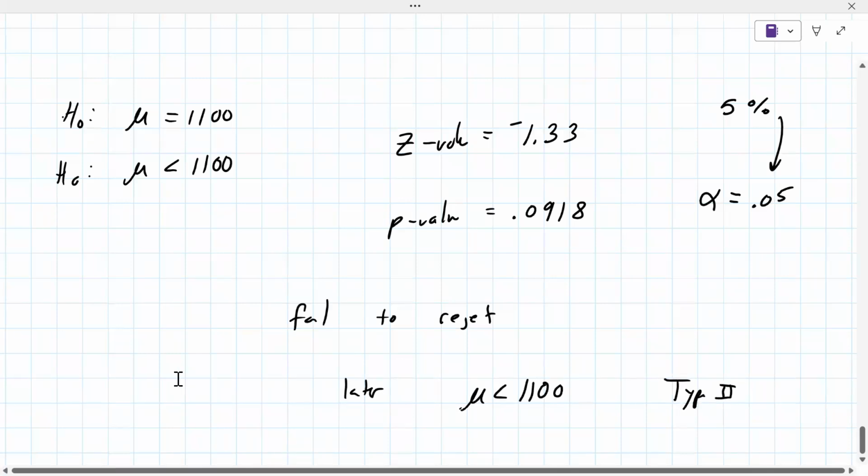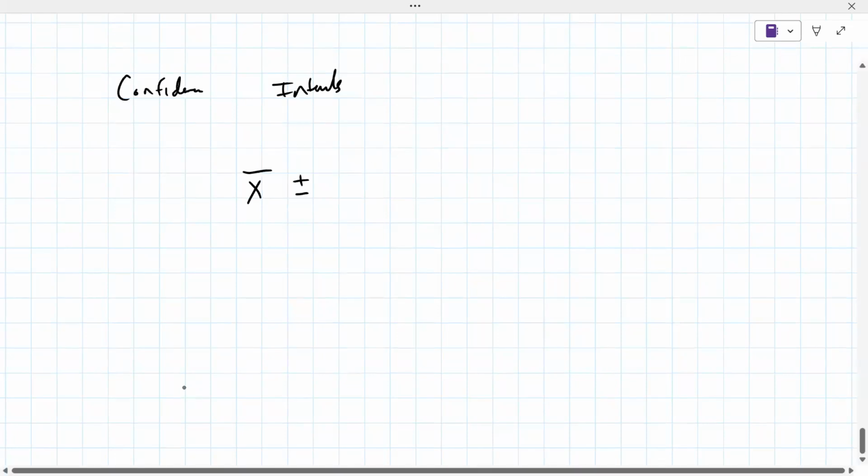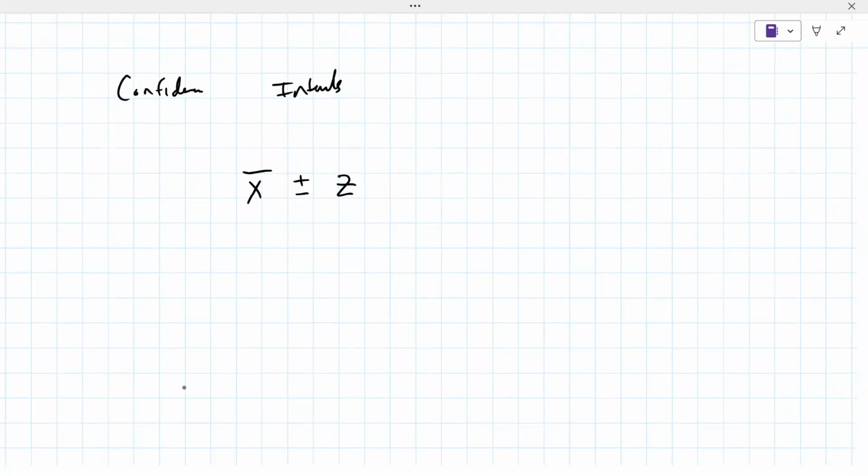Okay. Something we've not covered today are confidence intervals, but we did a bunch of those in previous lessons. The confidence interval is the mean plus or minus the z value for alpha over 2 times sigma divided by the square root of n.